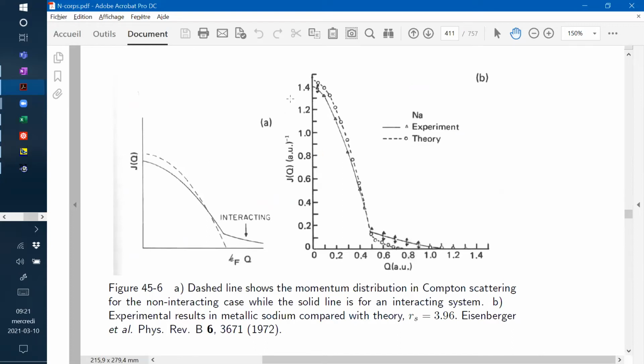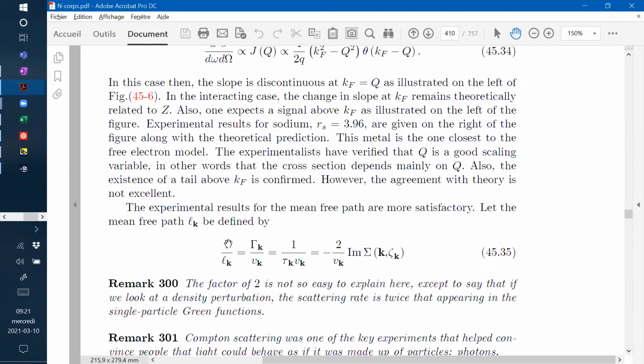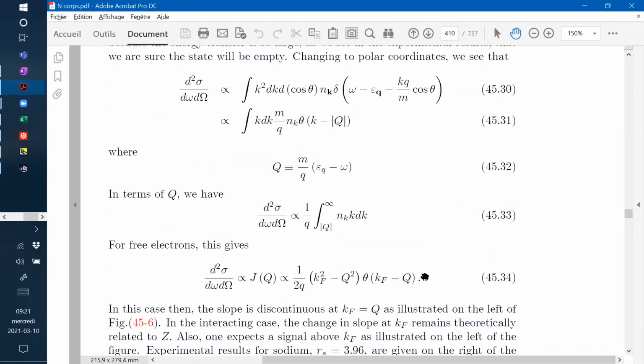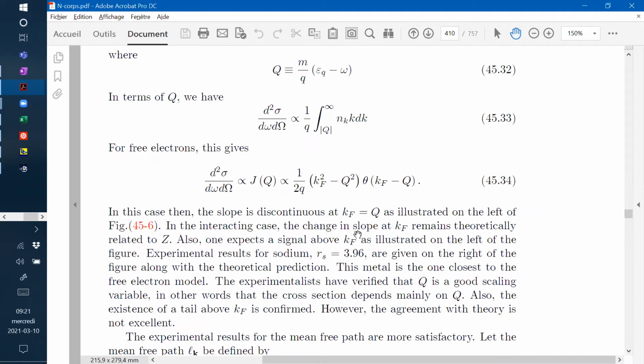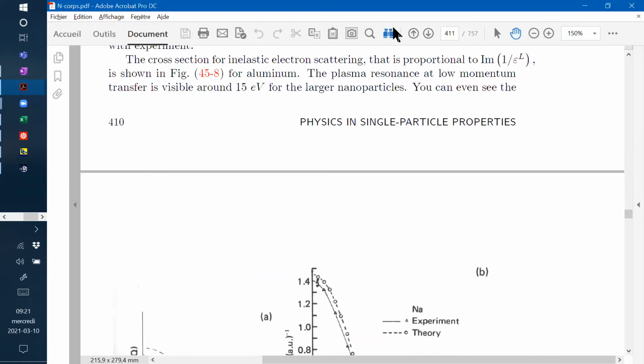The calculation I had above was with the non-interacting system. So for the non-interacting system, you get this dashed line, and there was this theta function. Okay. So in other words, here I assume that n of k was cut off at k Fermi.